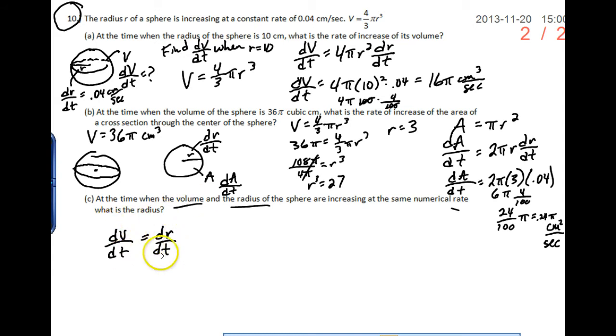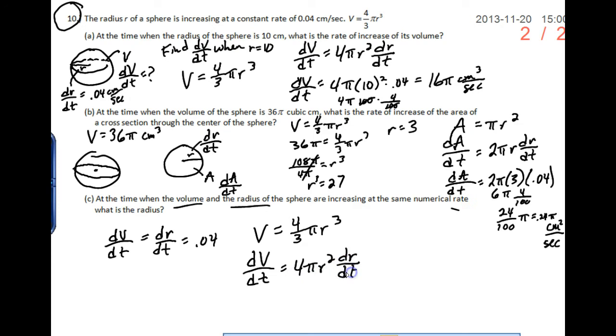So if dr/dt is 0.04, that would mean that dV/dt is 0.04. So if I take my volume, once again, 4/3 pi r cubed, dV/dt would be, once again, 4 pi r squared dr/dt, right? And if dV/dt is 0.04 and dr/dt is 0.04, then I can divide by both and I get 1 equals 4 pi r squared.